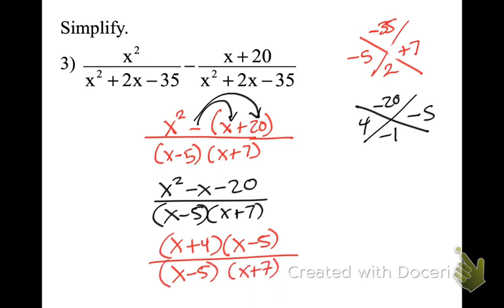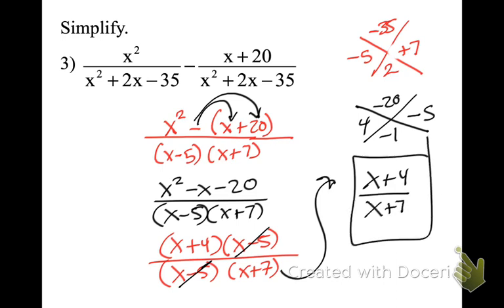So now we can cross cancel, and I'm left with x plus 4 over what's left, x plus 7. Okay, can we cross cancel the x's? No, because we cannot take a piece of a binomial. Okay?